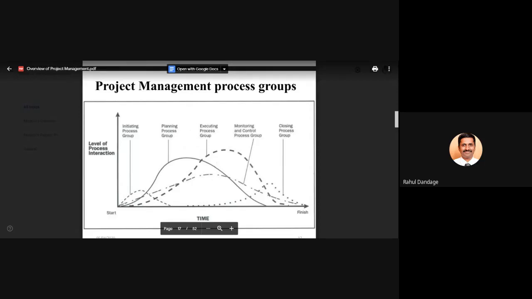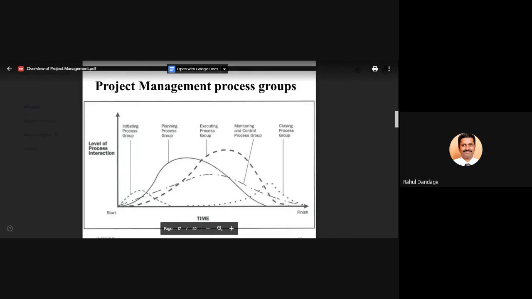Now, if you observe the five project management process groups, the first one is the initiating process group. This initiating process group starts at the beginning, at the start point.